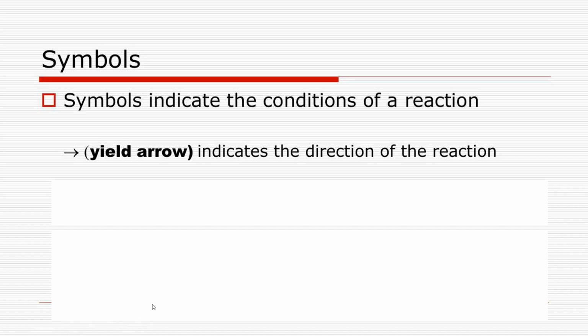All right. So that arrow, and whenever I say a yield arrow, I'm talking about yield meaning produce, kind of like in crop production, that you're creating something. All right.